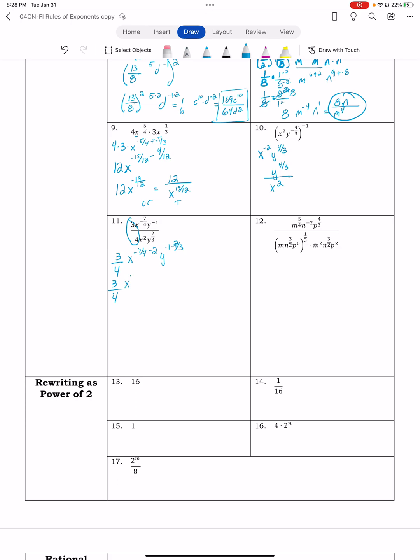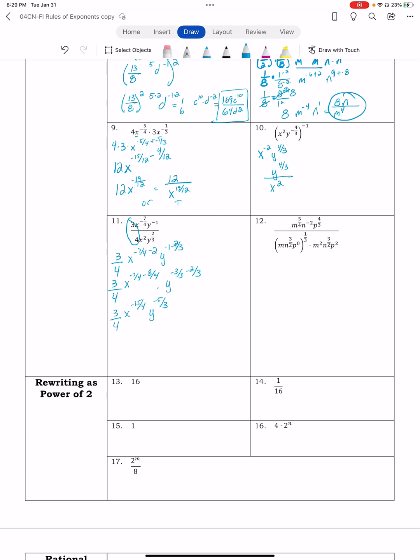This is x to the negative 7/4 minus 8/4 times y to the negative 3/3 minus 2/3. 3/4 x to the negative 15/4 y to the negative 5/3.